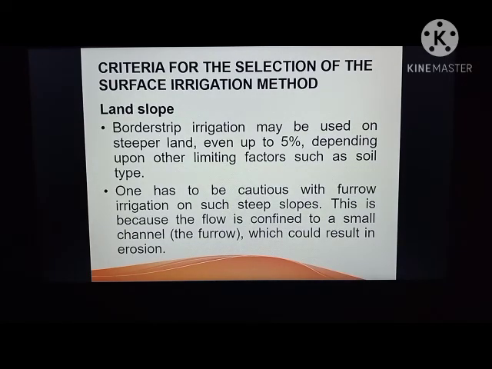Border irrigation can be steeper, and even up to 5% slope can be considered. But in furrow irrigation, a steep slope is not suitable because of the small channel, which could result in erosion.